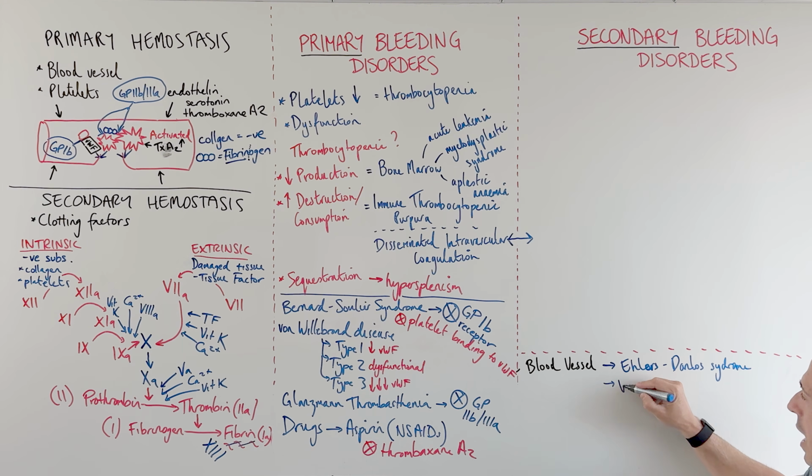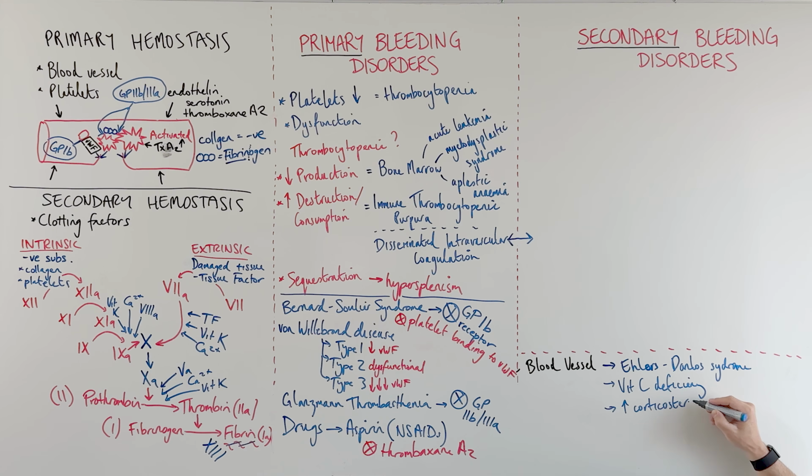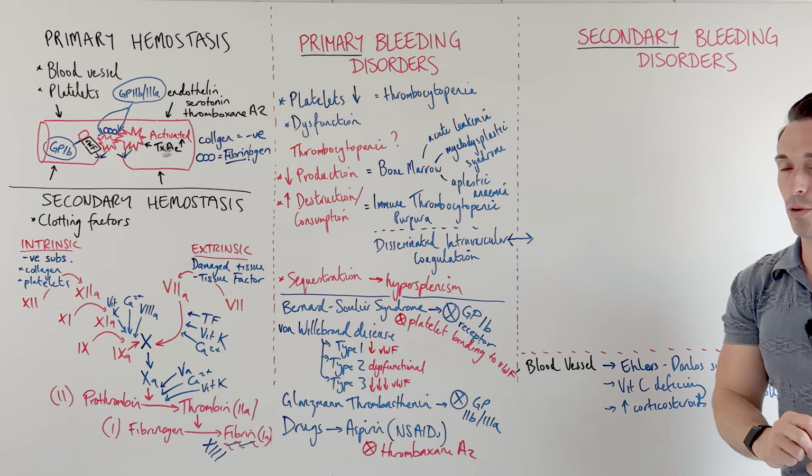You could have a vitamin C deficiency. That's an issue with collagen. You could have too much corticosteroids. That creates an issue with collagen. So if that's a problem, then you have less integrity of the blood vessel. It's more likely to bust open, expose whatever collagen is there, and you increase the likelihood of all this happening.